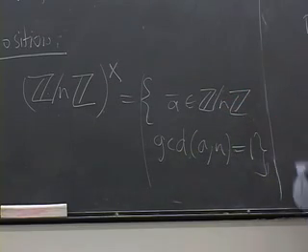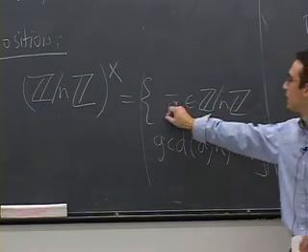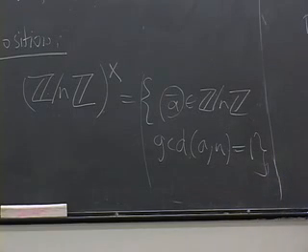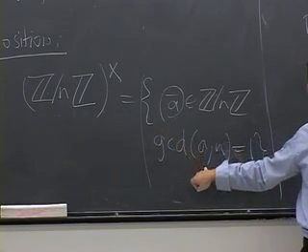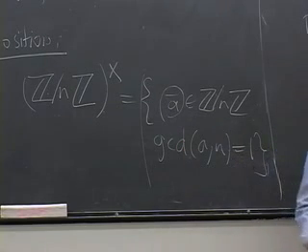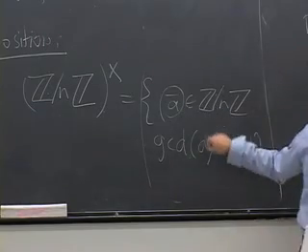Now, there's no unique lift. If I have some equivalence class a bar, there are many possible representatives. So there's a slightly subtle point here, namely that if I have one element of an equivalence class which is relatively prime to n, then every element of that equivalence class is also relatively prime to n. Now, this isn't difficult to show, but it's certainly a bit of a subtlety in writing down this thing.